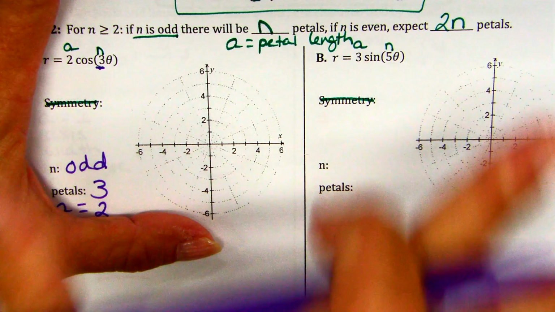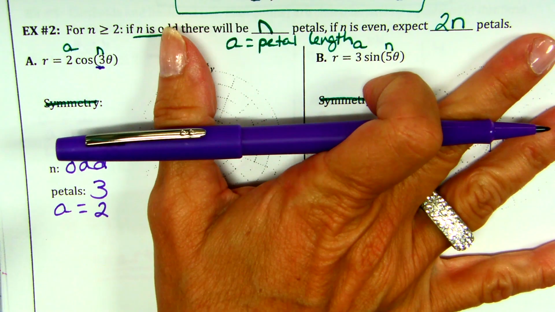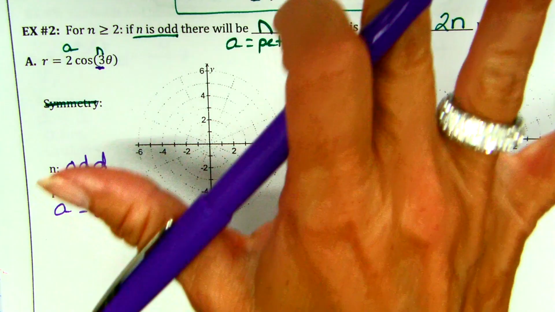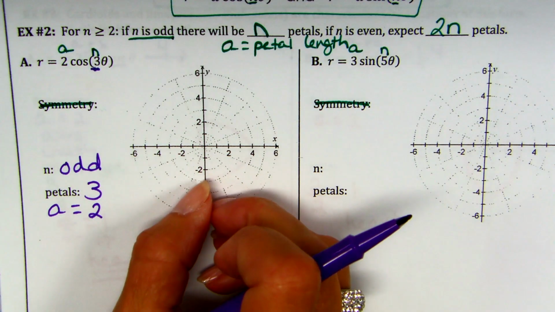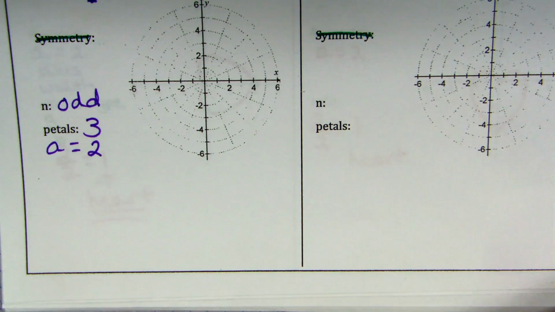Any polar stuff on the AP exam will be in the multiple choice section. By the end of the lesson, I will tell you what to do if you get one of these in the non-calculator part of the AP exam. Right now, though, we're not worrying about that. I'll come back to that in a minute.